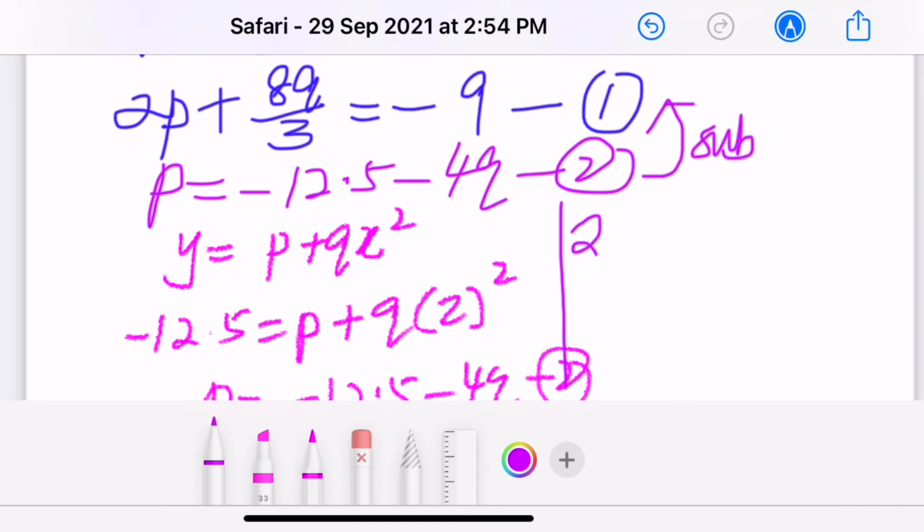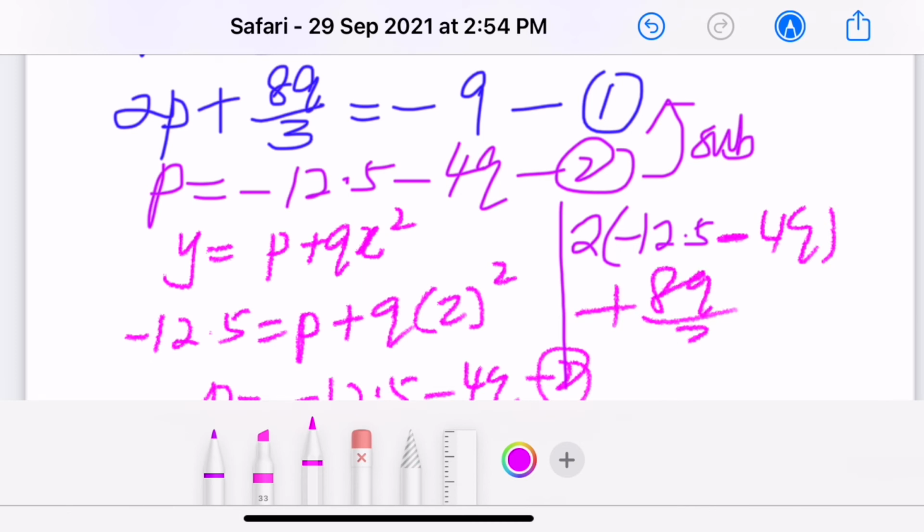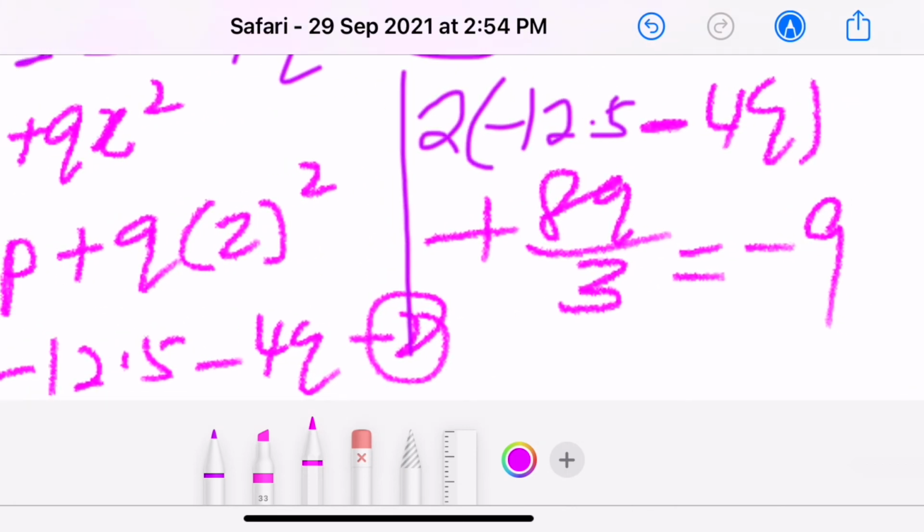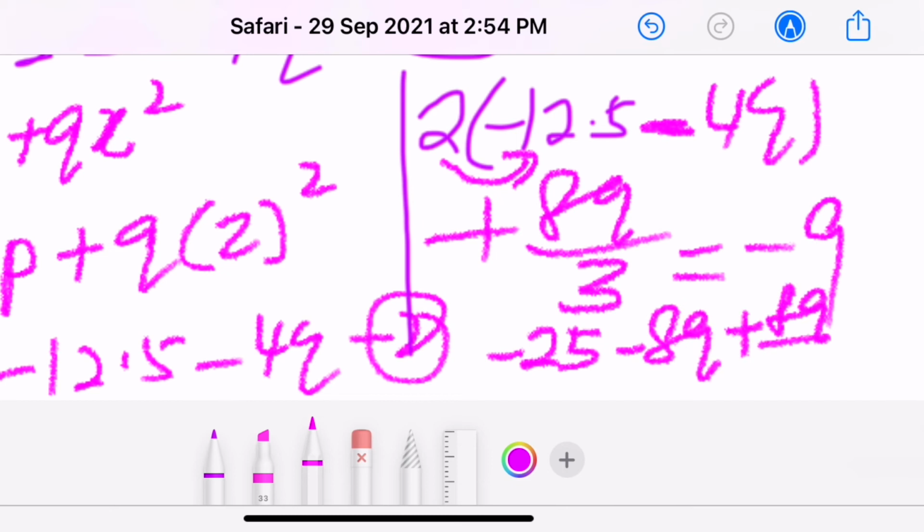Where you see p, we write negative 12.5 minus 4q, plus 8q over 3 equal to negative 9. Alright, let's solve it now. We have negative 25 here. If we multiply in, this one is negative 8q plus 8q over 3 equal to negative 9.